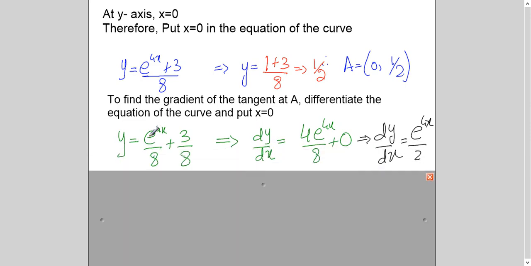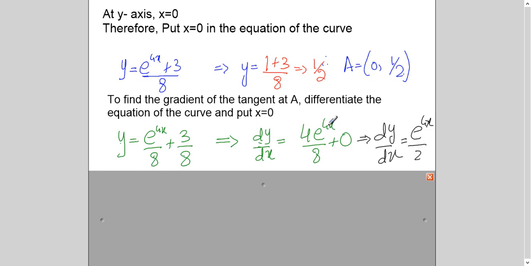So that's why after differentiating it, we will substitute x equals 0 here. Now you can see, to differentiate it, I have split it into two parts: e power 4x divided by 8 plus 3 over 8. Now you see I have changed the symbol. It means I am differentiating it now. We know that the differentiation of the exponential function is, in this case, 4 times e power 4x divided by 8 plus 0, because this is a constant, so its differentiation will be 0.